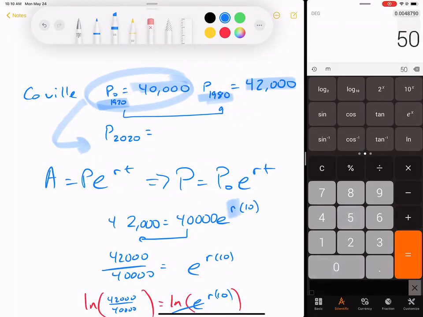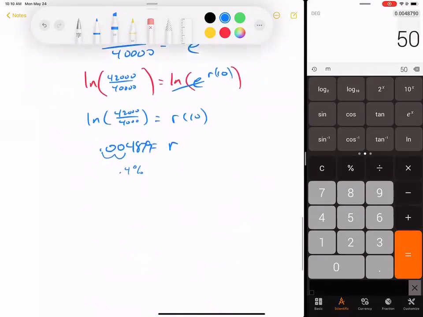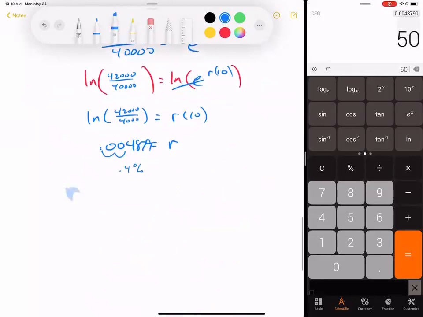So using that initial growth rate of 0.4%, or 0.004, we're going to use that as our model and give us an estimation. What would it look like 50 years in the future? So here we go. We have our rate, which we said is 0.004879.